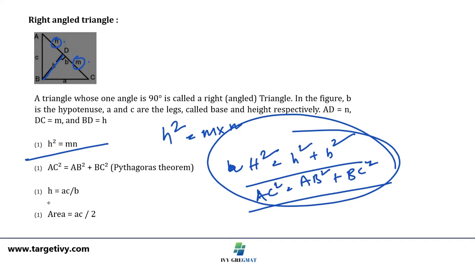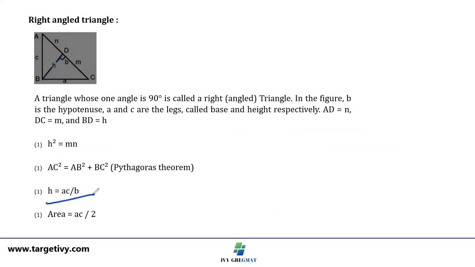Extension of this: h is equal to AB into BC by AC, the base into the height of the triangle by the hypotenuse.